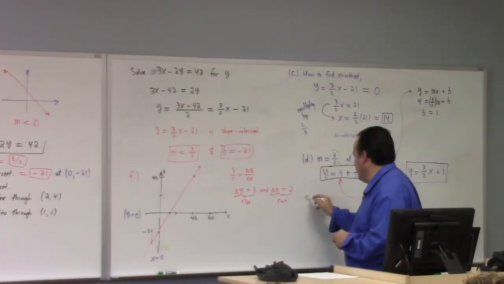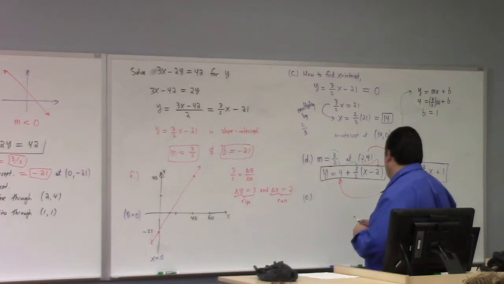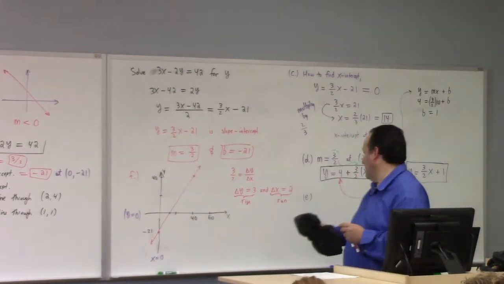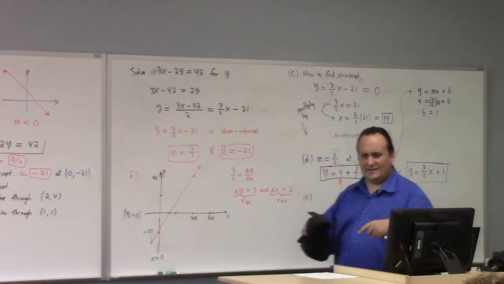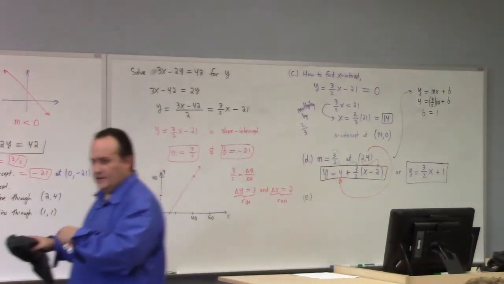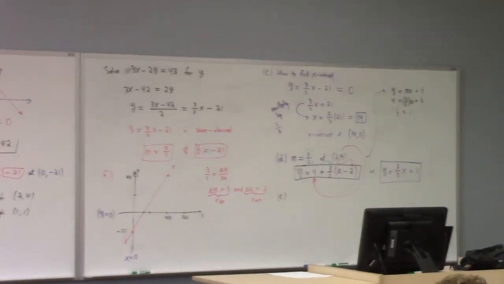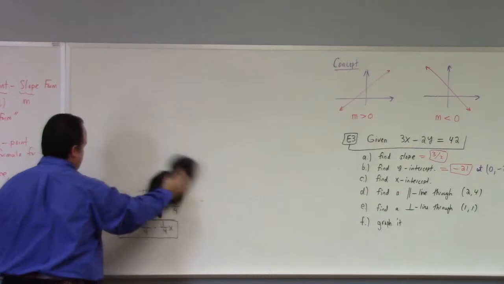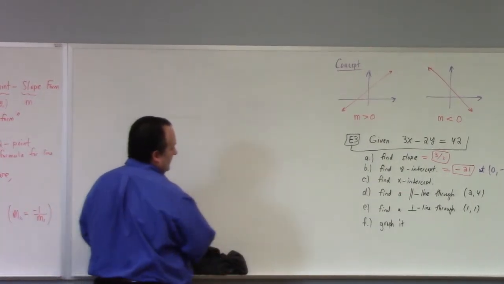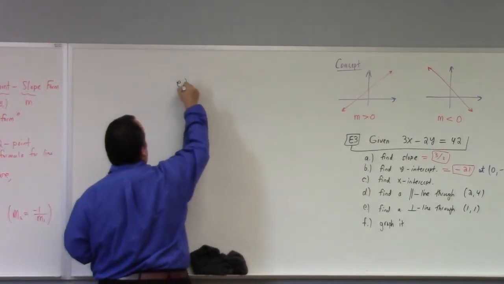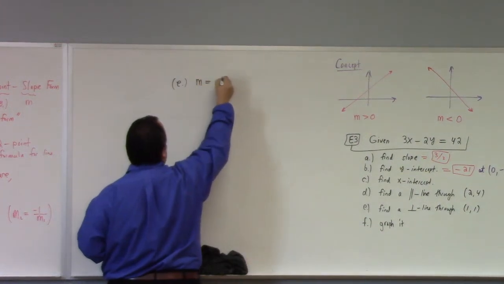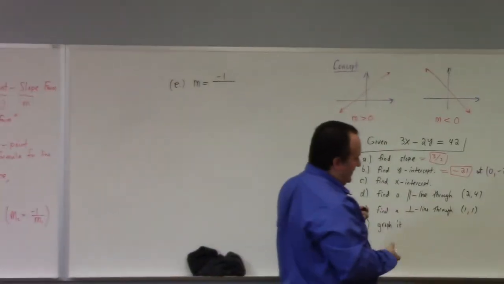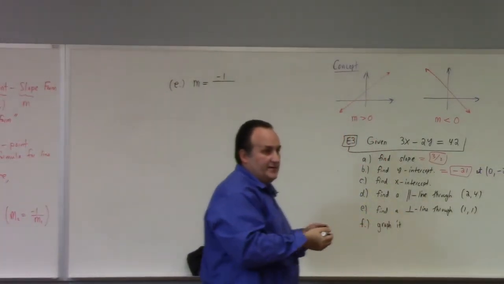So E, what's the answer to E then? What slope do we want for the perpendicular line? Let me work this over here so everybody can see it. We have m equals minus 1 over our given slope, 3/2, the slope of the line we're trying to find a perpendicular to.